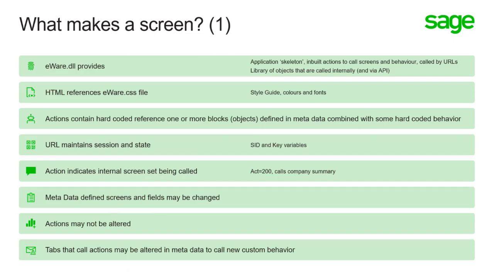The eWare DLL knows all about certain actions that can be invoked, so it's got a library of internal actions. We call these action codes, and inside Sage CRM they are all associated with knowing what screen it should call up, and what that screen in turn calls up through its association with a particular metadata definition.